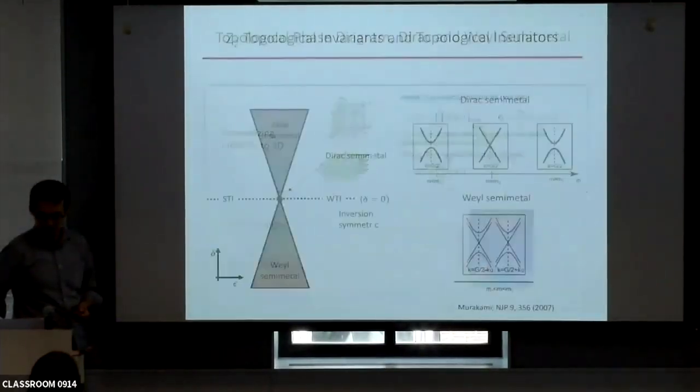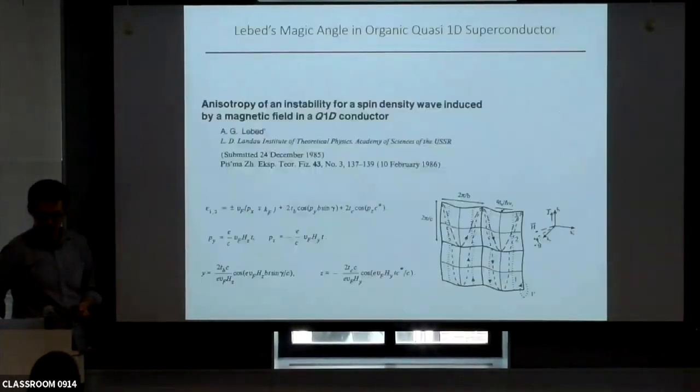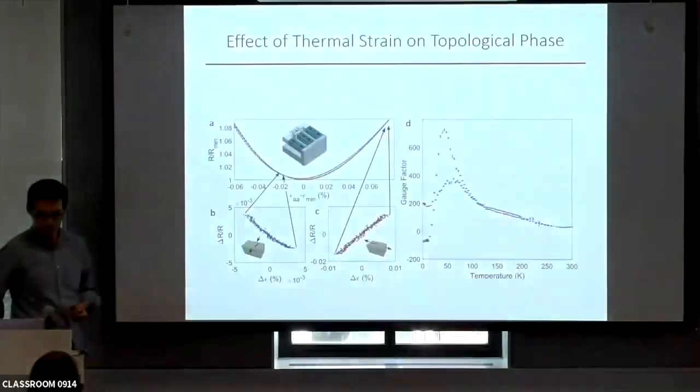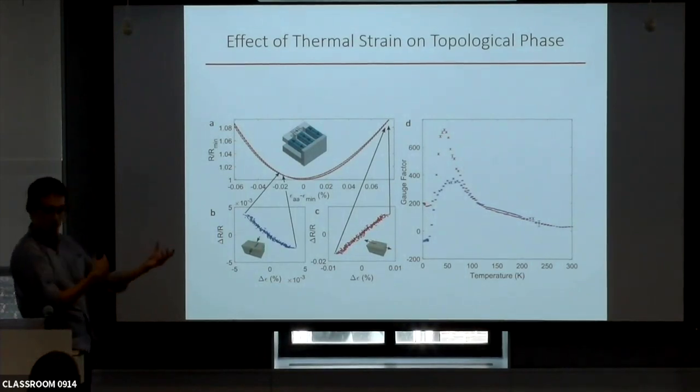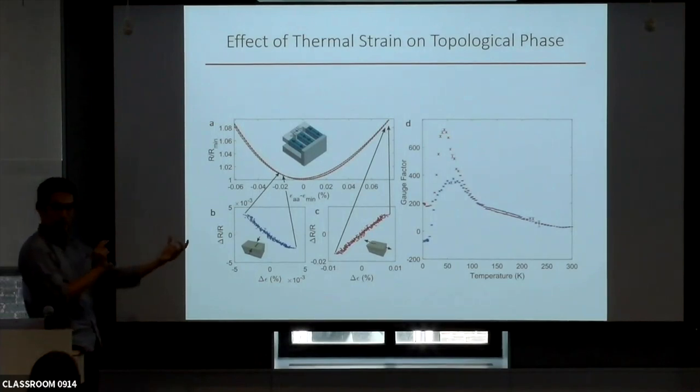And then one of the experiments we did was we glued the samples on this piezo stack, which has very anisotropic strain. So if you glue the crystal this way and glue the crystal that way, you'd expect very different thermal contraction, thermal expansion.